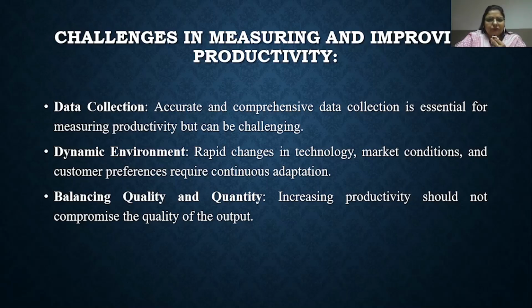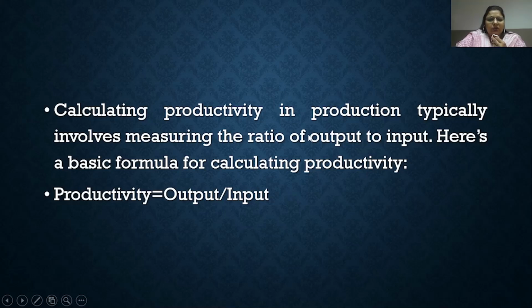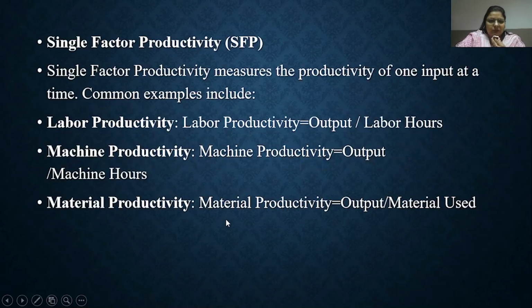Okay. Now, how can we calculate the productivity in the organization? Productivity in production typically involves measuring the ratio of output to input. So, productivity is equal to the output divided by the input. This is single factor productivity, or SFP. What is single factor productivity?